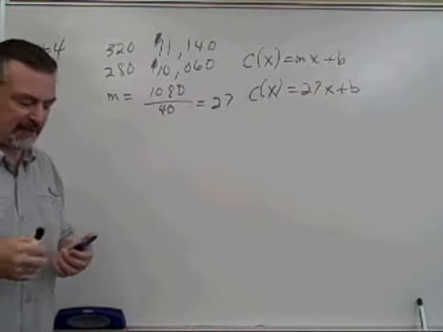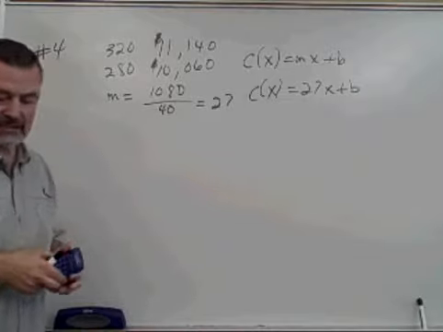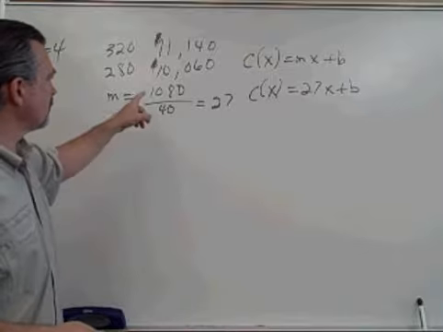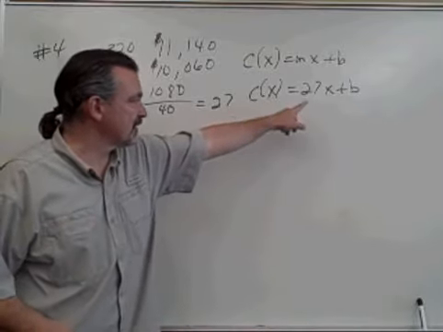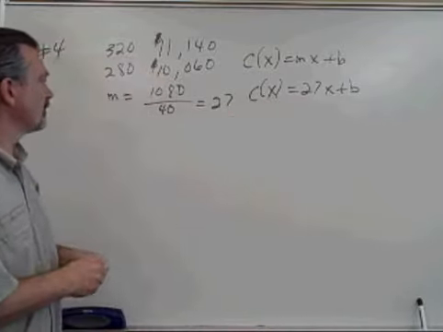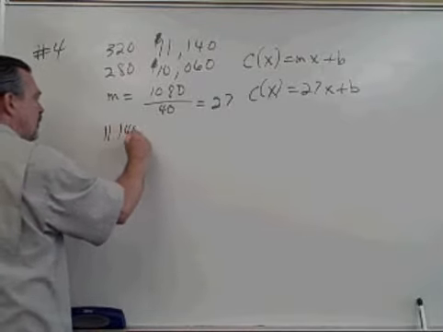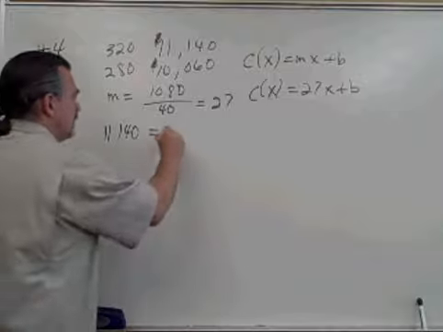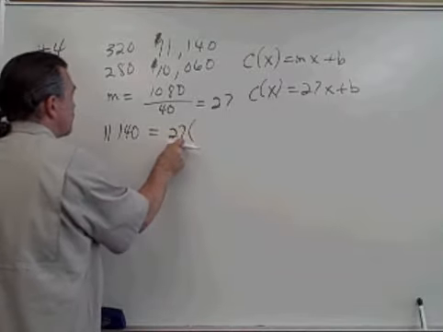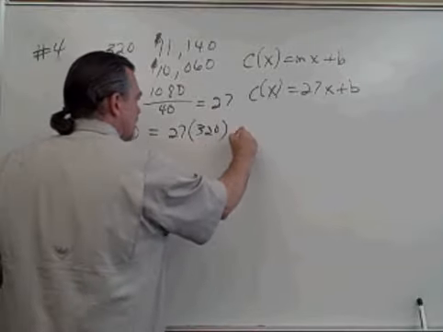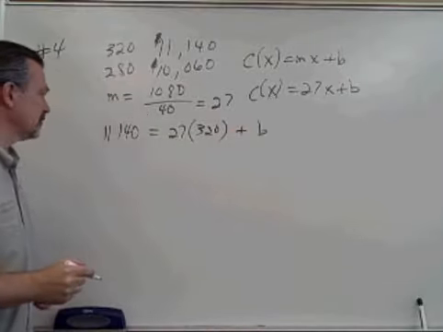Our approach to finding B in the past has been to take this equation and replace the cost and the x with values from one of your points. So we'll plug in 11,140 for the cost, $27 per binocular, times 320 binoculars that were made, plus whatever the fixed costs would be.